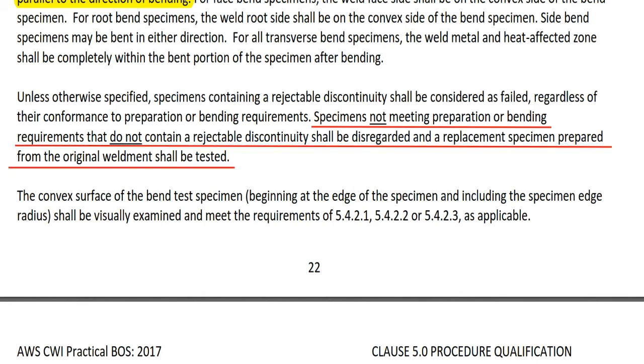Specimens not meeting preparation or bending requirements that do not contain a rejectable discontinuity should be disregarded, and a replacement specimen prepared from the original weldment should be tested.